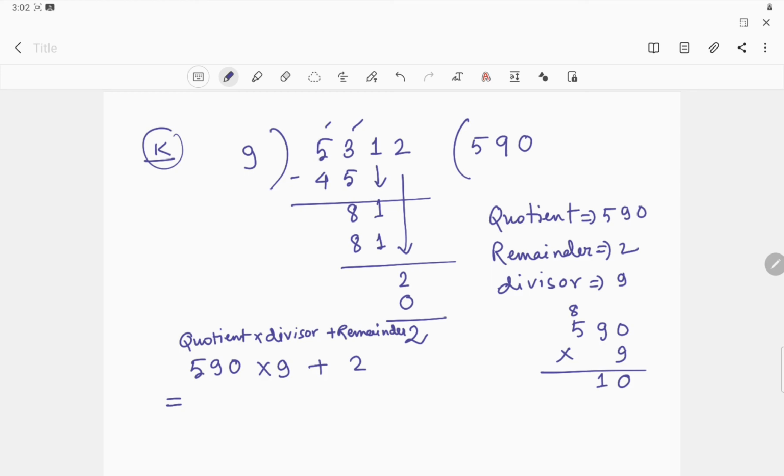So you know 5 9s are 45 and 45 plus 8 is 53. And it is 5310, and if you add 2 you will get 5312. So it is your dividend. Our division is right, so checked.